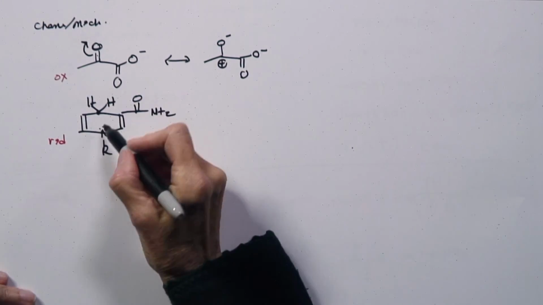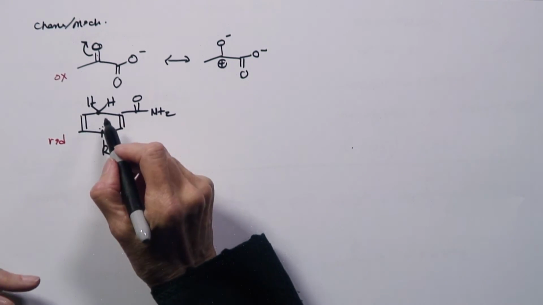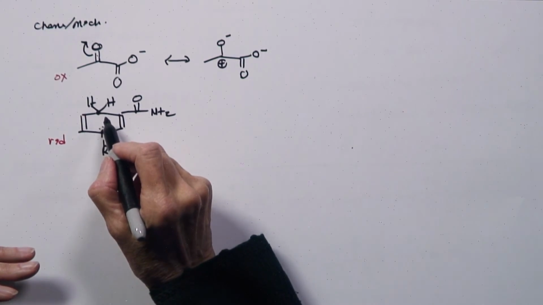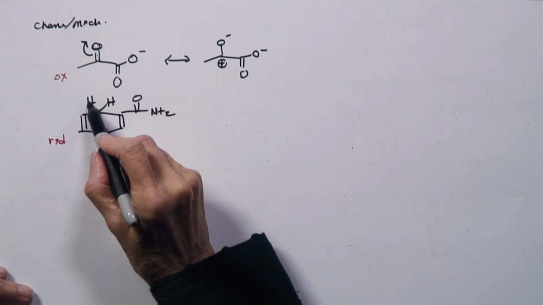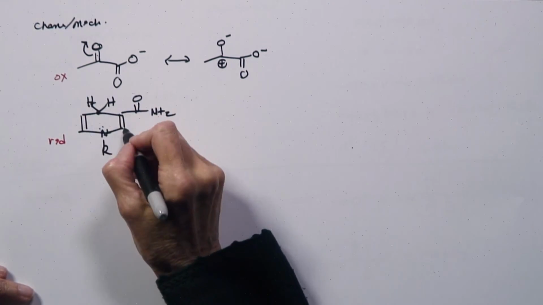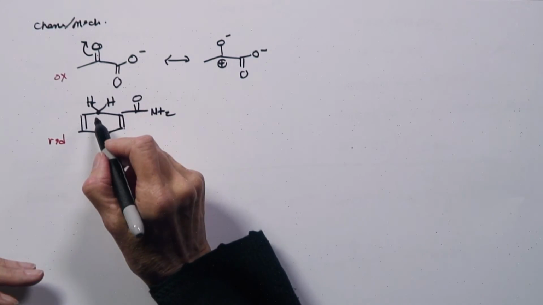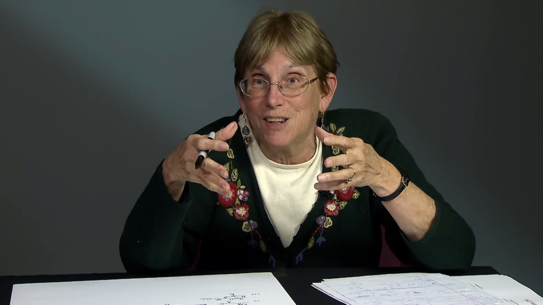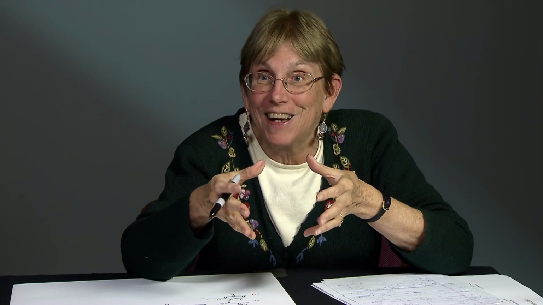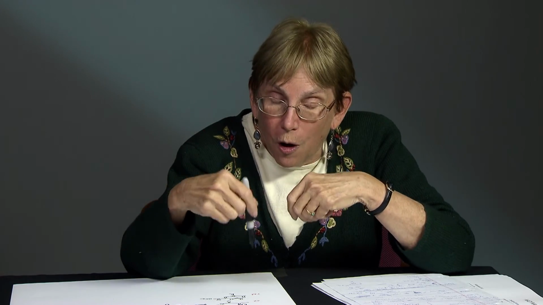So let me point out here, and this is something you'll hear about over and over again in basic metabolism, but these 2 hydrogens, and this is the 1, 2, 3, 4 position of the nicotinamide ring, are not equivalent. And why aren't they equivalent? They're not equivalent because all of the chemistry happens in the active site of an enzyme that is chiral. So these hydrogens are prochiral, and because they sit in a chiral environment, it makes these hydrogens act like they're chiral. So all chemistry with NADH is stereospecific.